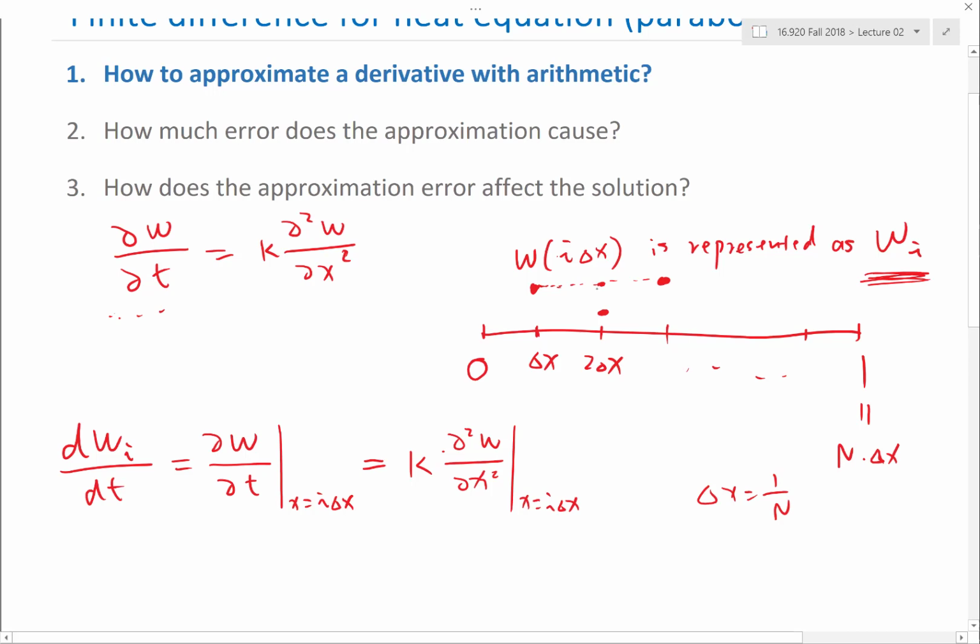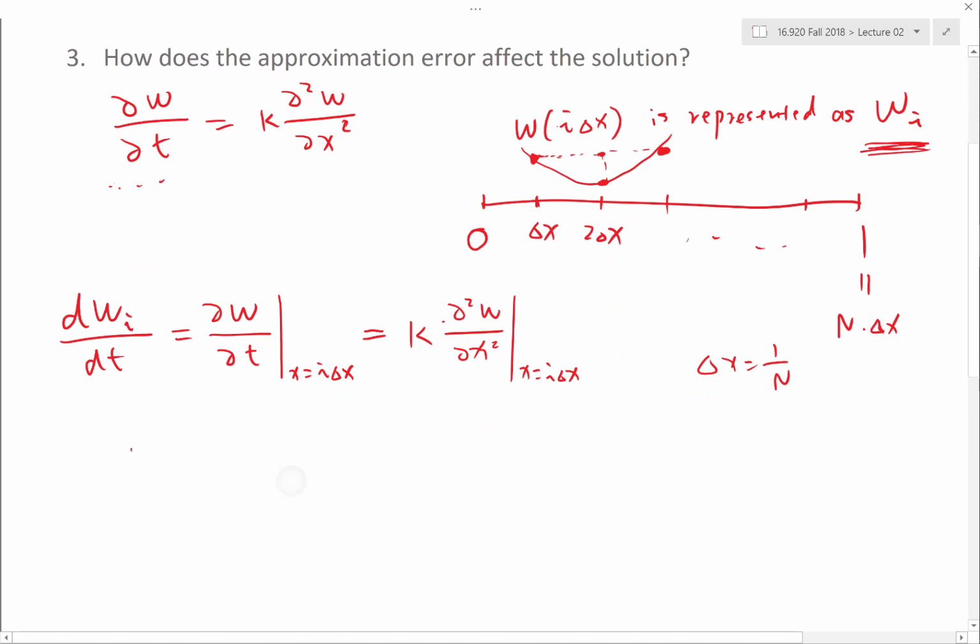So that's the average. If it's higher than the value of the point itself, it's more likely to be a smile. If it's lower than the point itself, then I know the second order derivative is more likely to be negative. Okay, so that's the intuition behind approximating the second order derivative using the average.